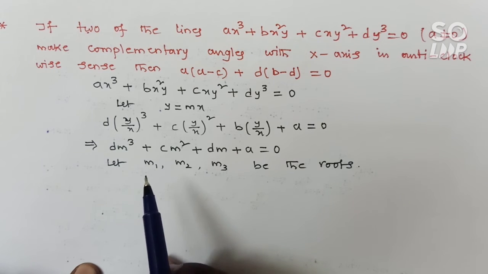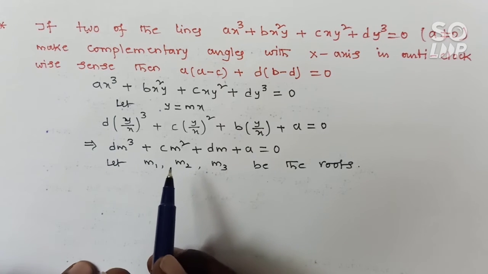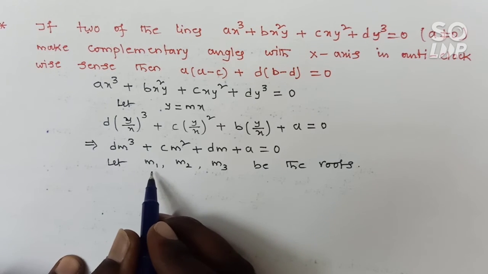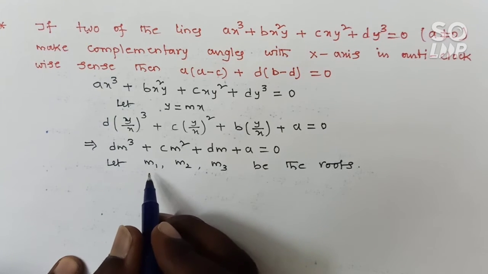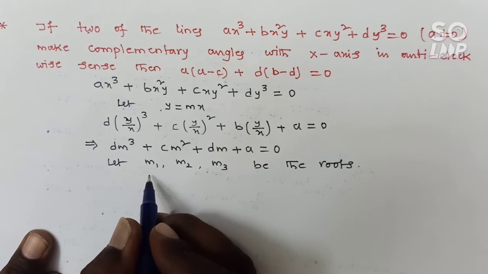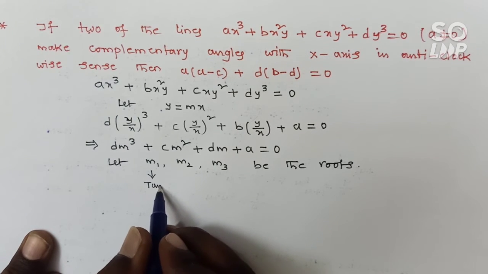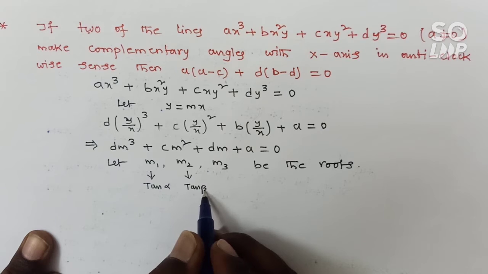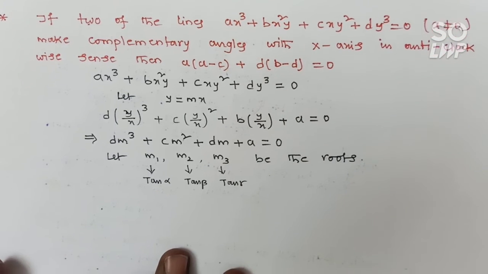Complementary angle means the sum of the two angles will be 90 degrees. For example, let m1 is equal to tan alpha, m2 is equal to tan beta, m3 is equal to tan gamma.